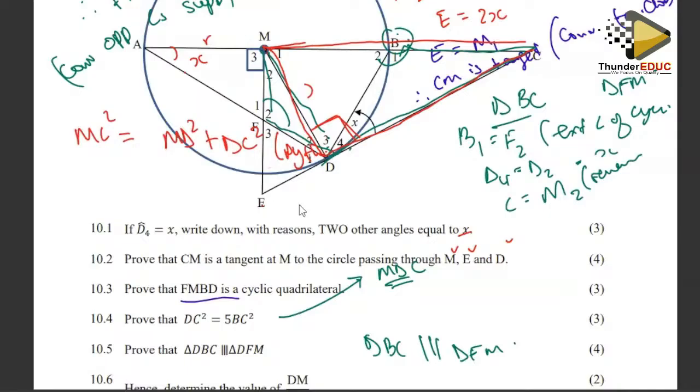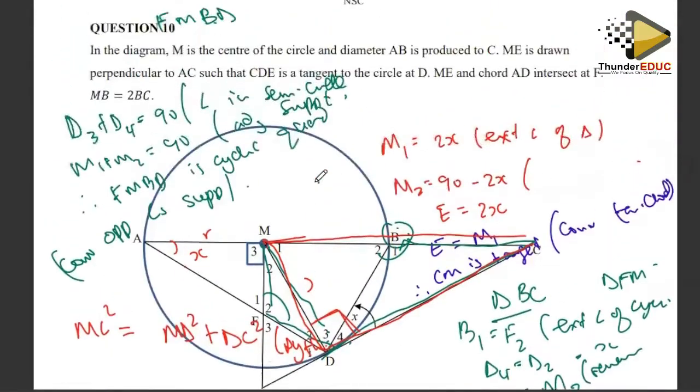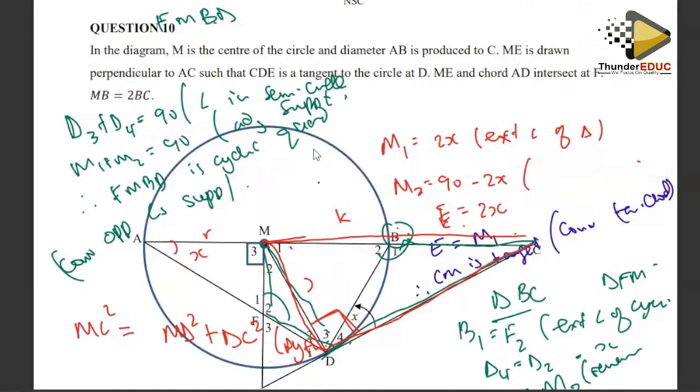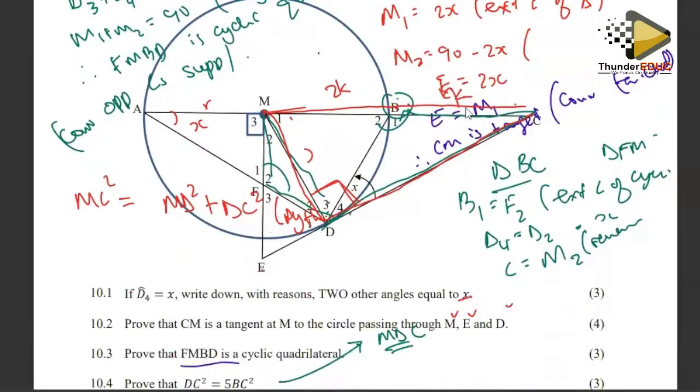Then what is our MC? They told us MB is twice BC. Okay, so if this is a K, this must also be a K, so it's twice. Wait a minute, MB alone is twice BC. If this is a K, this is going to be twice K. That's the meaning, eh? So we're going to have 3 BC squared.